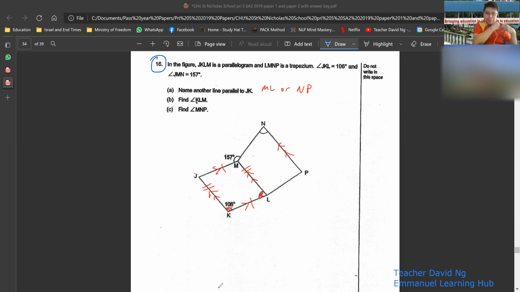what? This angle plus 106 equal to what? Can tell me? Equal to how many? This angle plus this angle equal to?